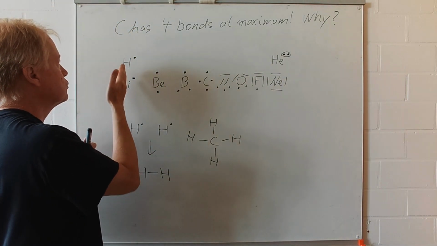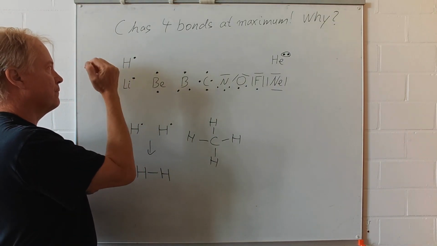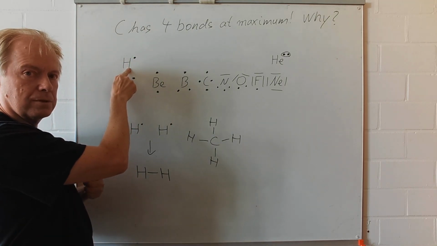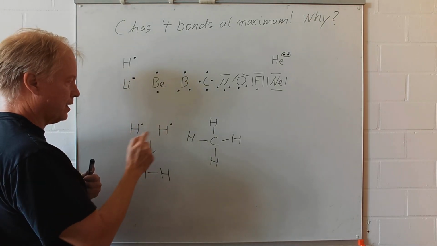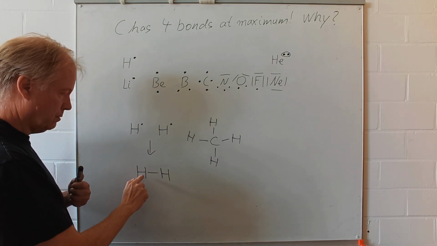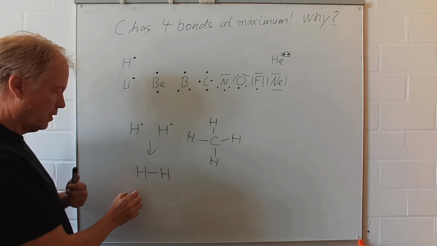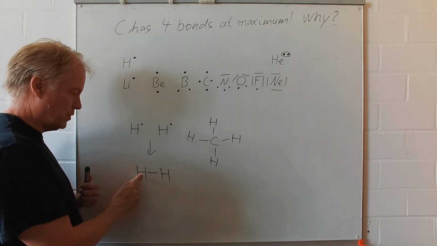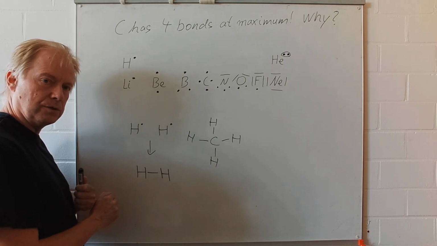To get to a less reactive state than in the radical state, hydrogen has, for instance, the opportunity to react with a second hydrogen atom, forming a hydrogen molecule. From the point of view of this hydrogen, it has 2 electrons.